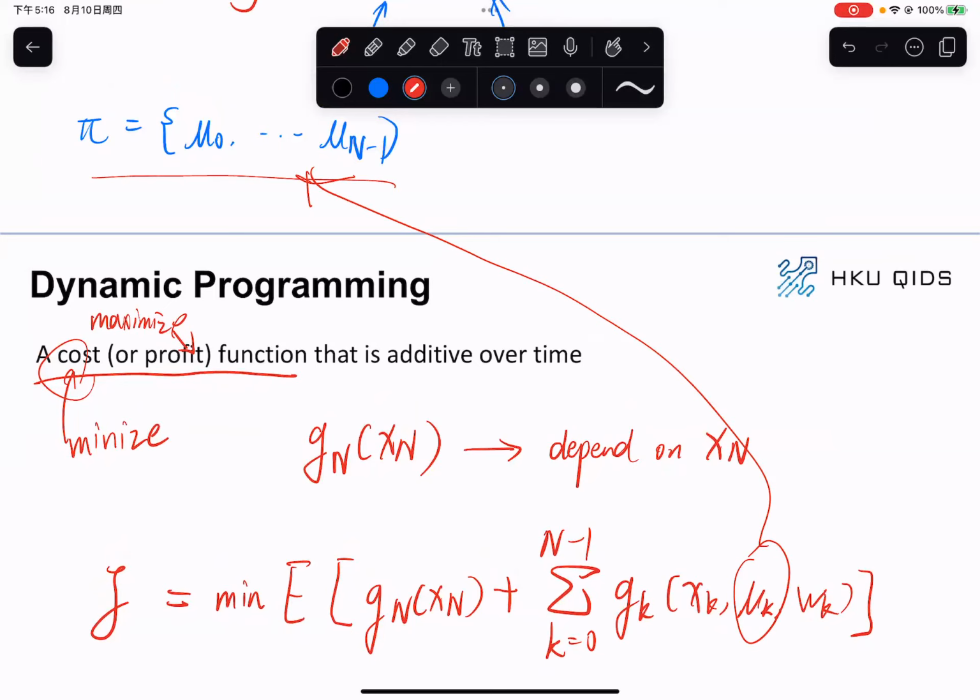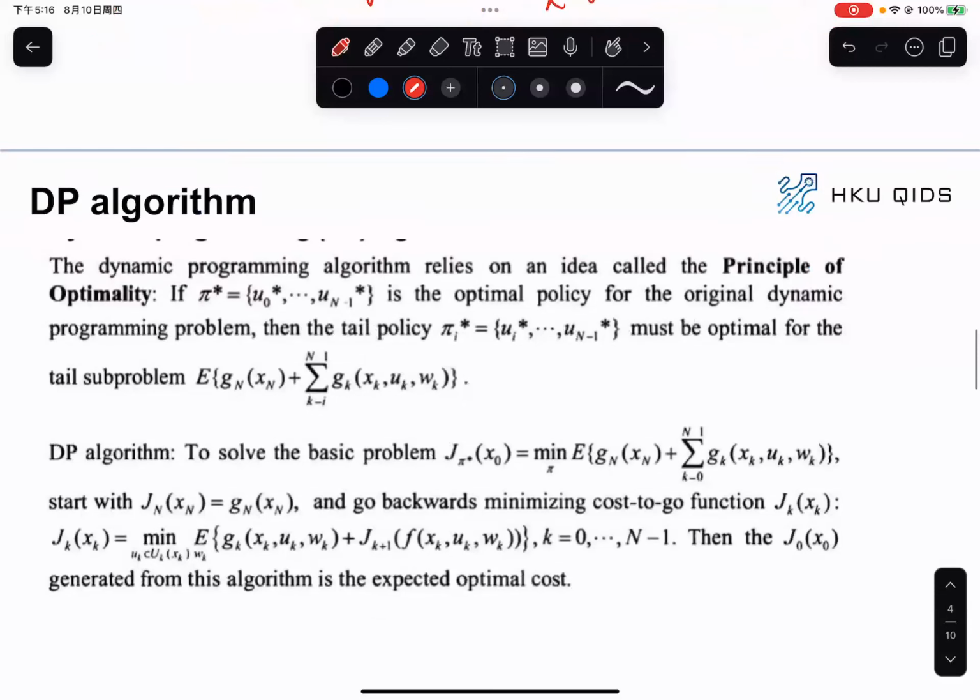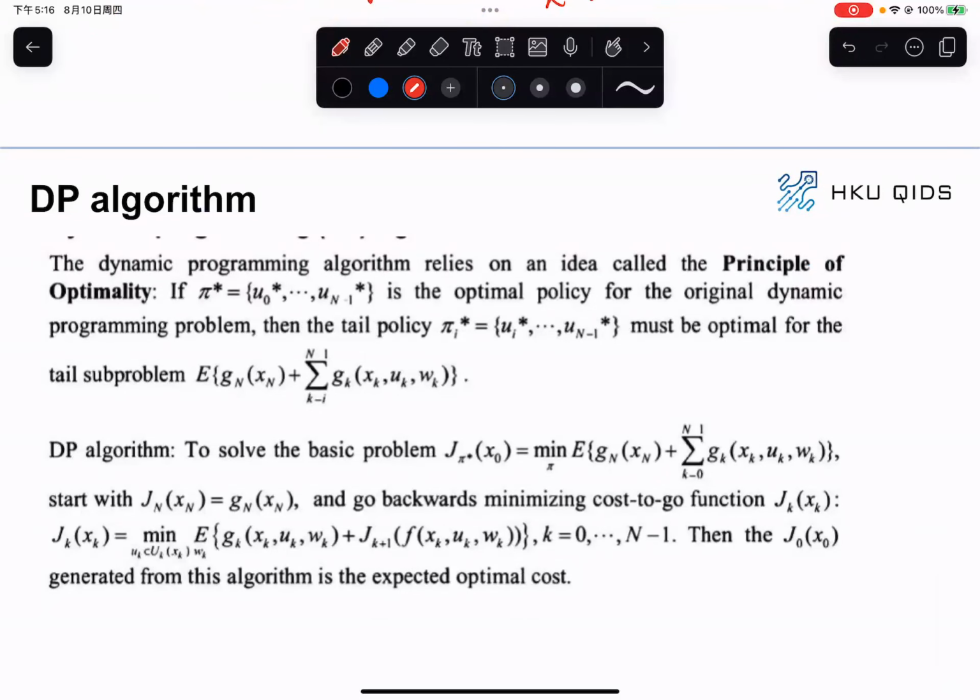By this, we can arrive at the dynamic programming algorithm, which relies on an idea called the principle of optimality. If we have already found our best policy set for the original dynamic problem, then the tail policy must be optimal for any sub-problems.